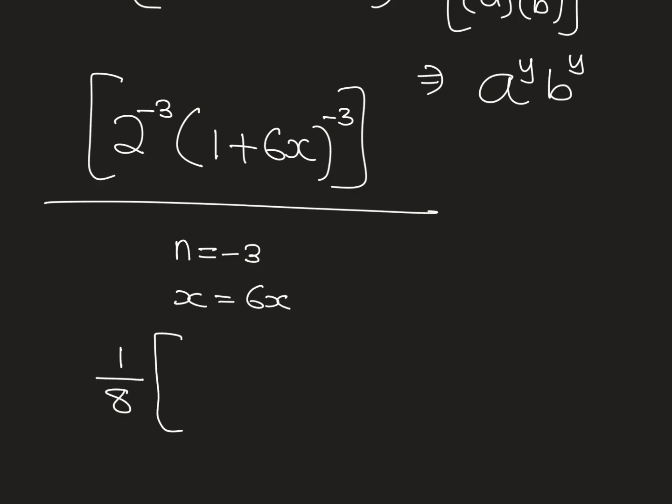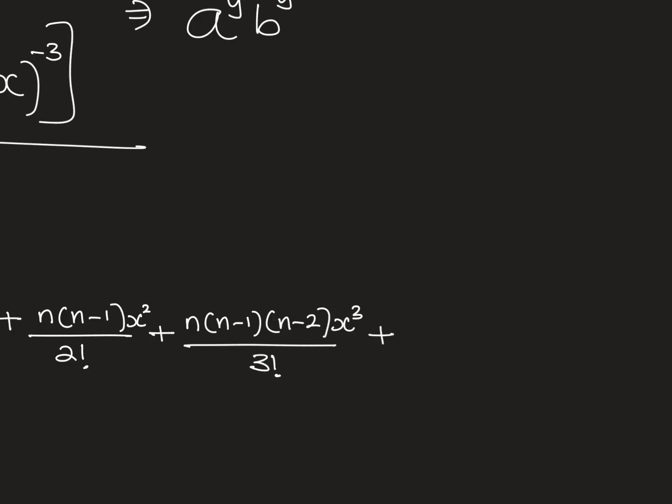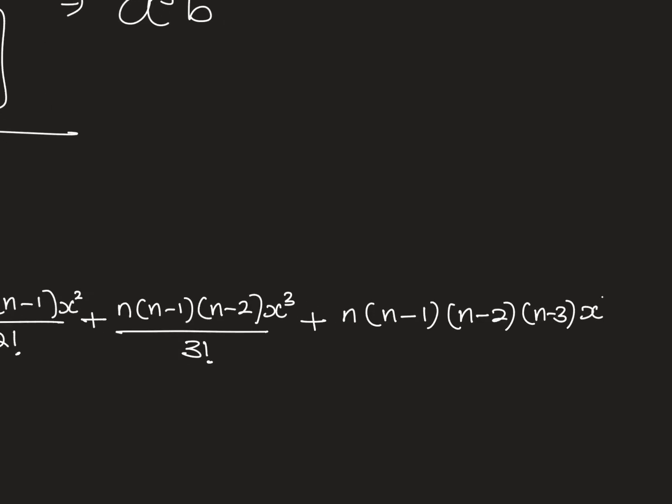So that will be 1 over 8 into, we can now write the general formula, which is 1 plus nx, then plus n into n minus 1 all over 2 factorial, then plus n into n minus 1 into n minus 2 all over 3 factorial. Don't forget the x, here is x square, here is x to the power 3, then plus n into n minus 1 into n minus 2 into n minus 3, x to the power 4 all over 4 factorial.